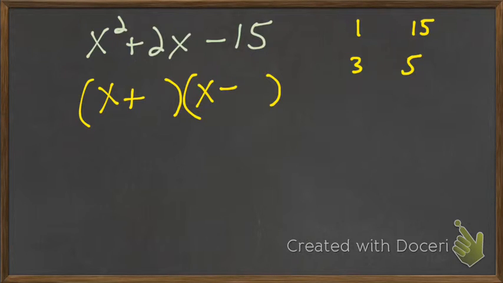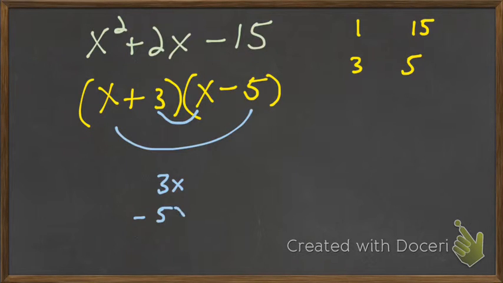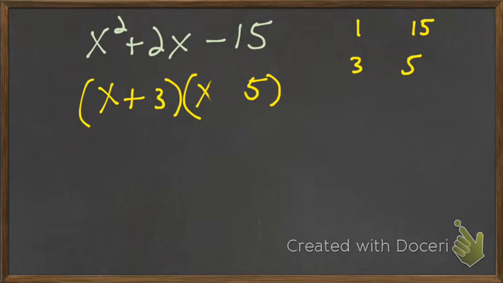So let's say I did this. Now that would be a positive 3x and a negative 5x, which would give us negative 2x. Now, is that correct? No. Drew, you asked earlier, does it matter where we put the signs? Yes, it does. If we end up getting the opposite of what we're wanting, then we just need to go ahead and flip those signs.